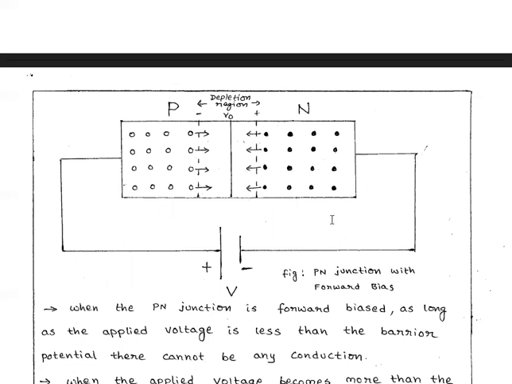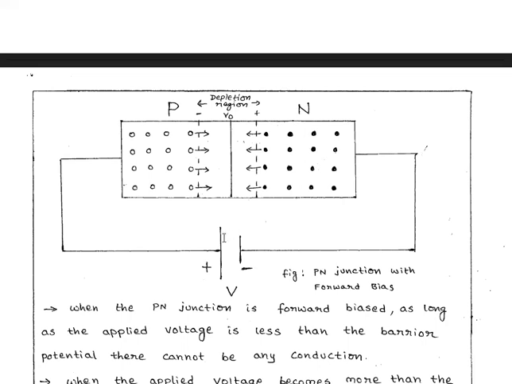The forward potential at which the potential barrier is completely eliminated and allows current to flow through the junction is called the cut-in voltage or threshold voltage.